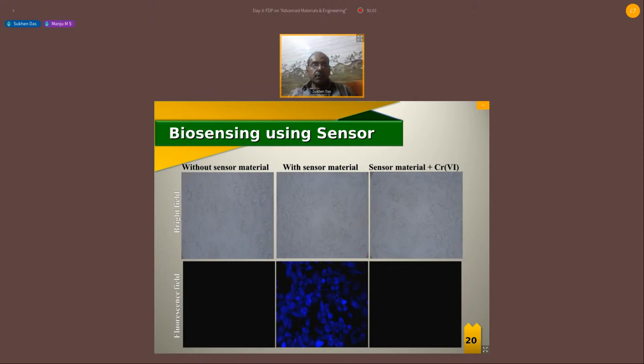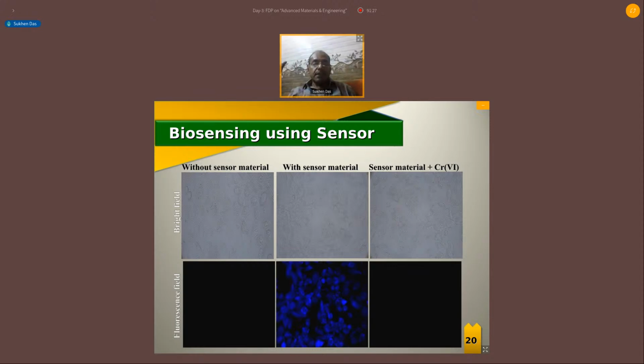Sir, but you have stated that the chromium ions are being absorbed on the surface of this biosensor. Yes, whenever the boehmite is free from the PVDF, the chromium will be able to go inside the interlayer, the interstacking layer, because it is a layer-like structure.